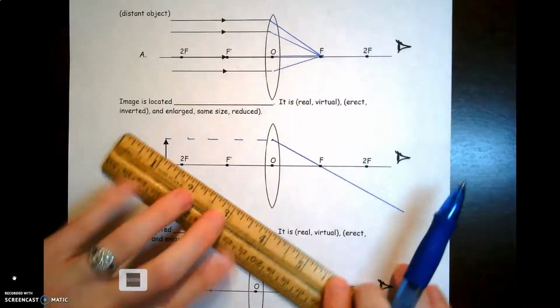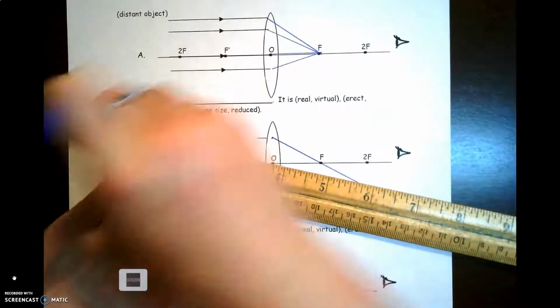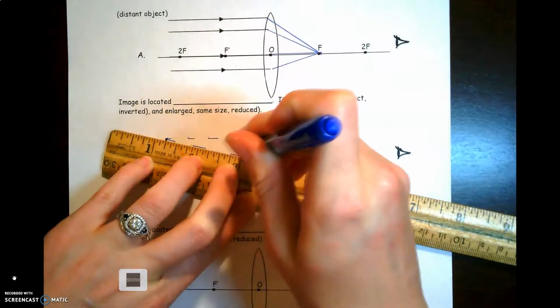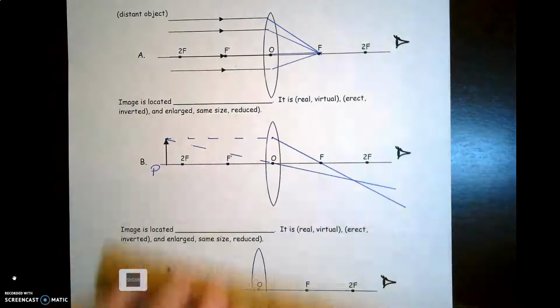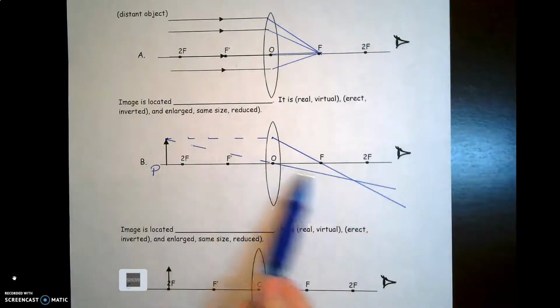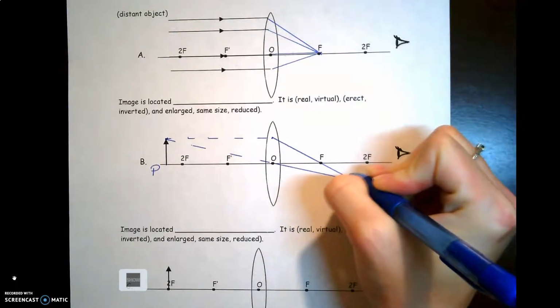The next step is starting at the top of the arrow, and we're going to go through O. Once we get to O, we keep going straight. So again, top of the arrow, going through O, keep going straight. Our lines intersected here, so that will be the top of the object.